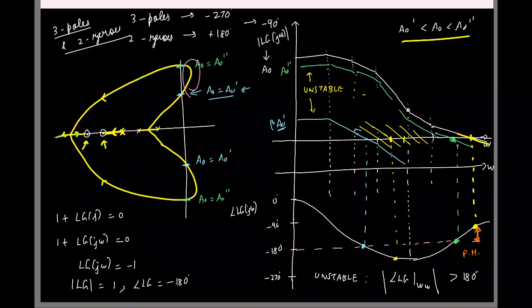So now can you say anything about stability from the Bode plot? What should I look for if I have to say something about stability? I should just look at the phase margin, and if the phase margin is greater than 0, it is stable. Okay? So let me write that.